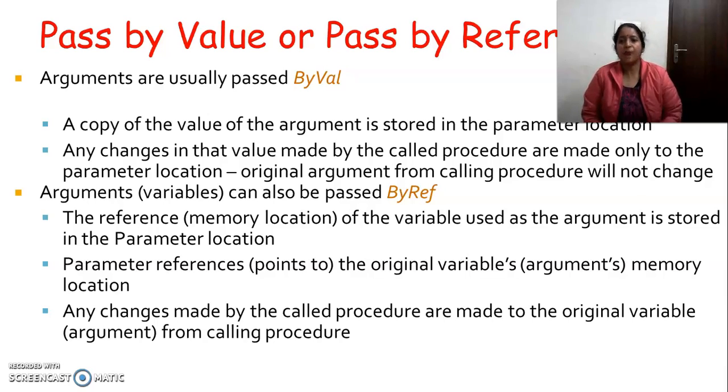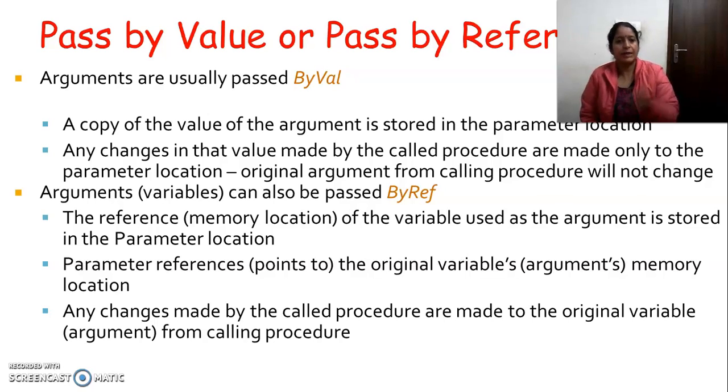That is, when an argument is passed by value, only a copy of the variable is passed. This means that even if the values are modified by a subroutine, those modified values remain local to that subroutine.